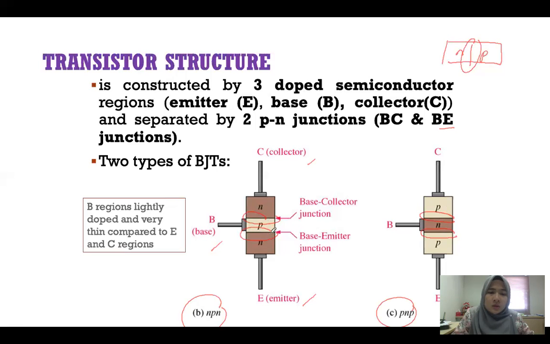So this one has the P region in the middle, and this one has the N region in the middle, just based on the name itself, NPN and PNP. The P region is slightly doped and very thin compared to the E and C regions. You can see the B region here is smaller compared to the C and the E. That is the structure of a transistor.